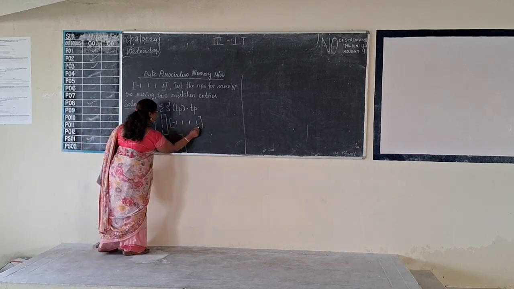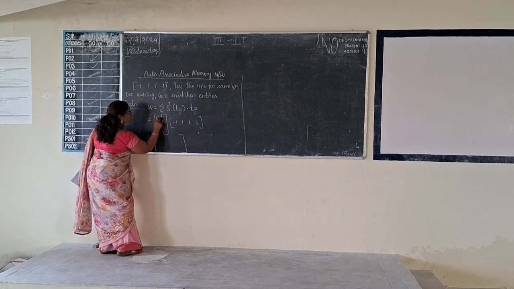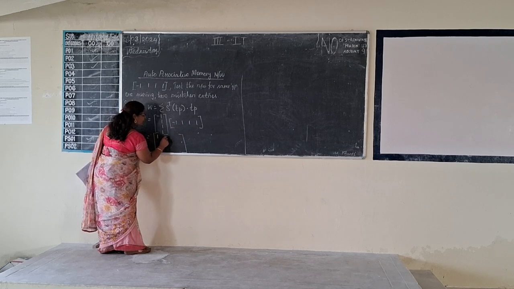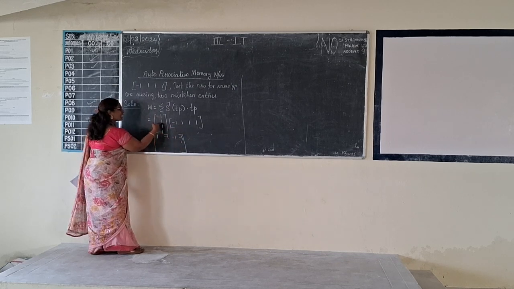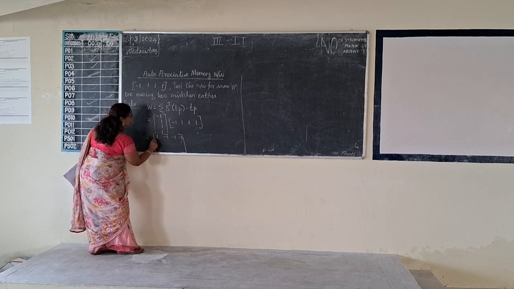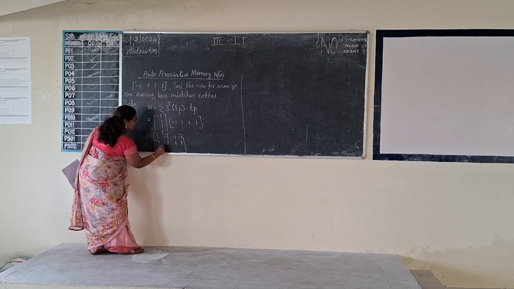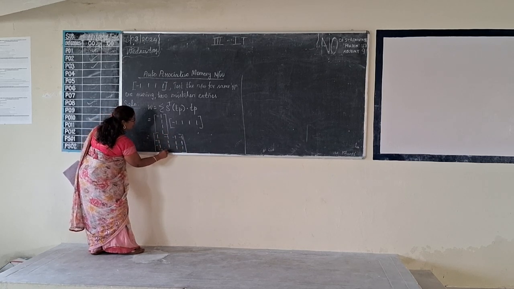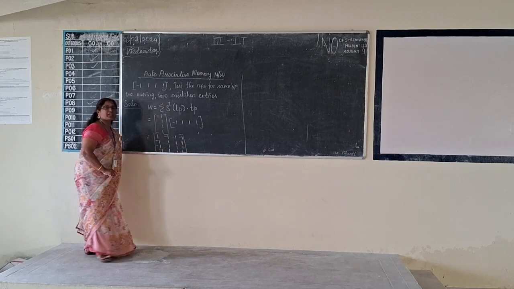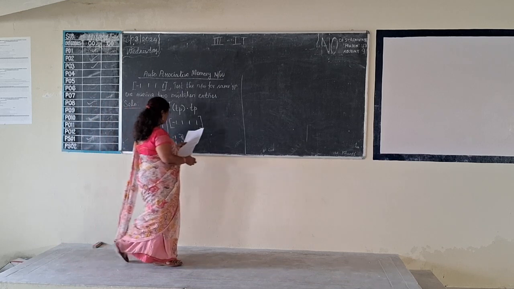If you multiply, -1 into -1 is 1, -1 into +1 will be -1, -1, -1. For the second value, you multiply, so it will be -1, 1, 1, 1. Similarly for the other two rows also, -1, 1, 1, 1. Any doubt in this? So we have just calculated the weight.